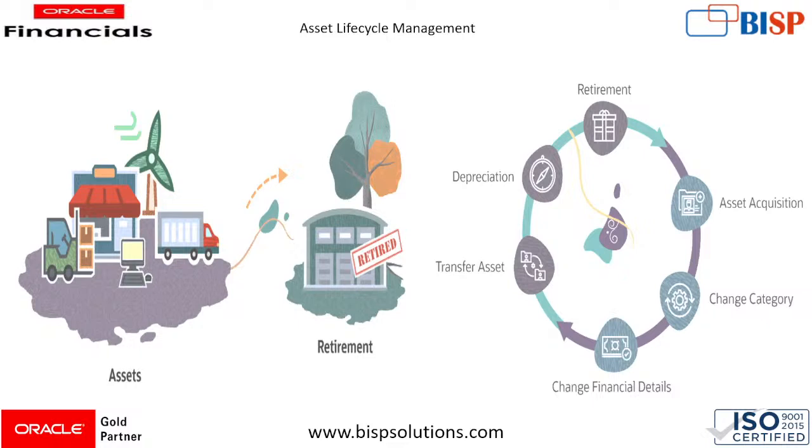Then we can change the financial details. We can transfer the asset within the business unit or to any location in the business unit, and we do the depreciation of the asset. Finally, at the end of its life, we retire the asset, right? So that is the asset lifecycle overview.